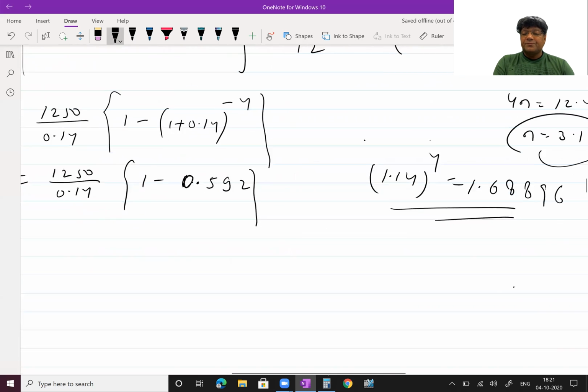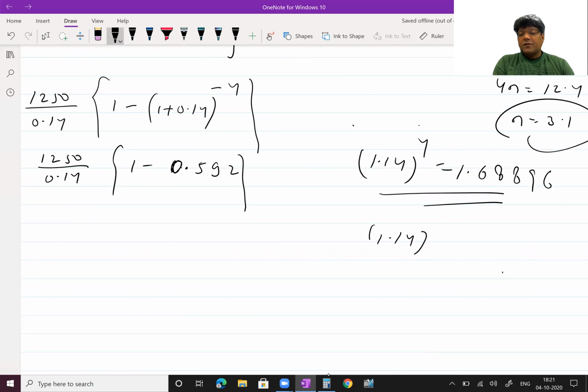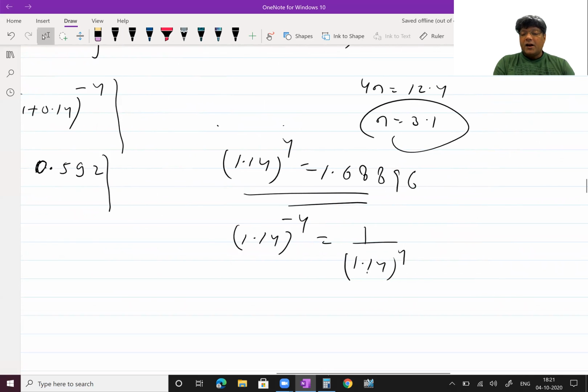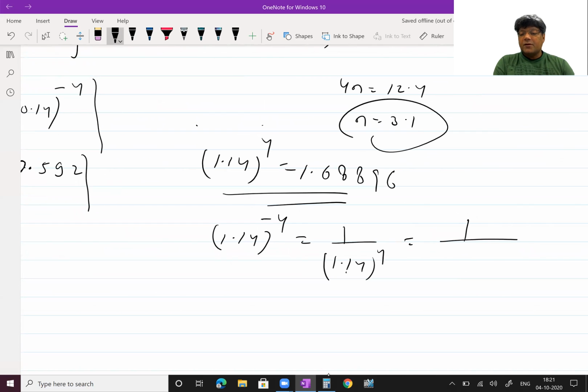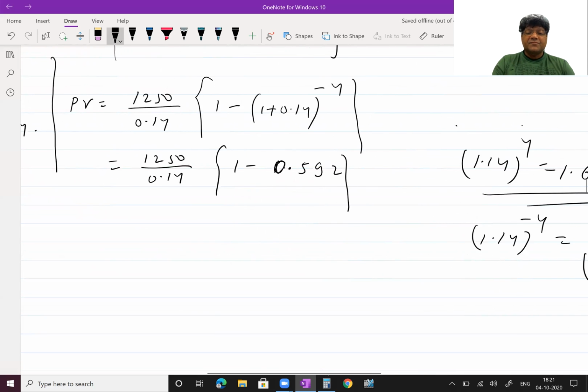Why, sir? 1.14 to the power minus 4 is equal to 1 by 1.14 to the power 4. And this value was given. So it will be 1.68896. This thing we have calculated, which came out to be 0.592. We are using this.